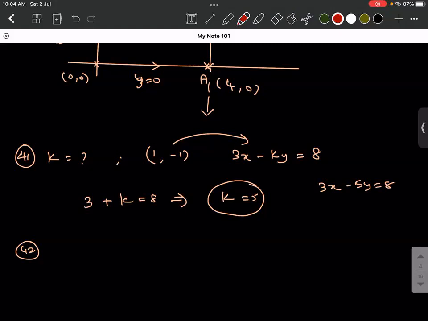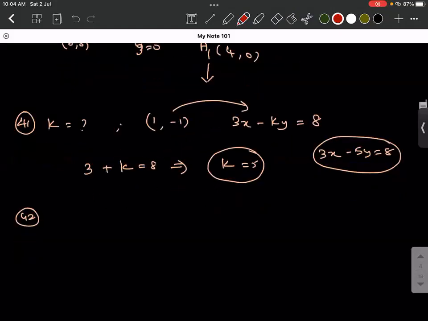Now you substitute other points and see, whichever satisfies, that will give you the answer. Because we know the equation, but this equation has infinite number of solutions. So from the graph, you can find whichever it is. I mean, from the values. So 42nd.